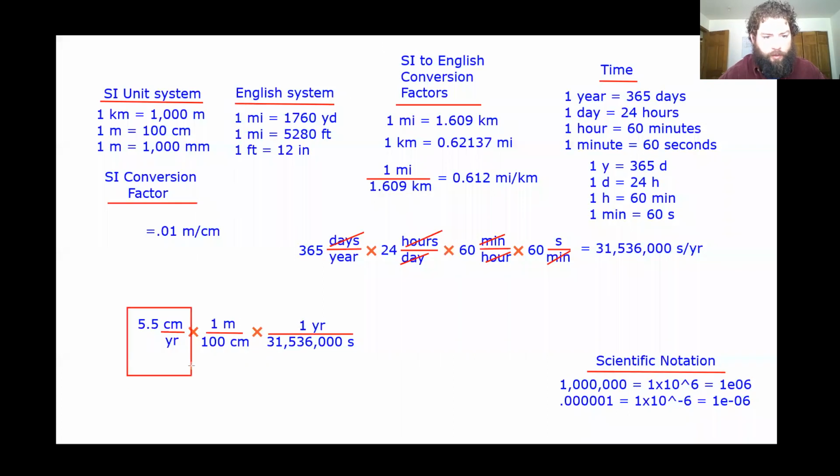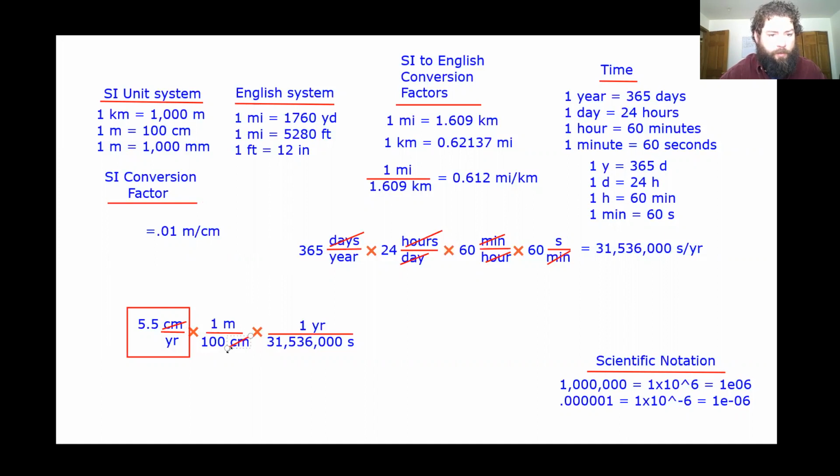So that's our velocity we're going to start off with, and these are our two conversion factors. What we can do is cross these out and show that these are centimeters over centimeters, which is there and there. Cross those out.